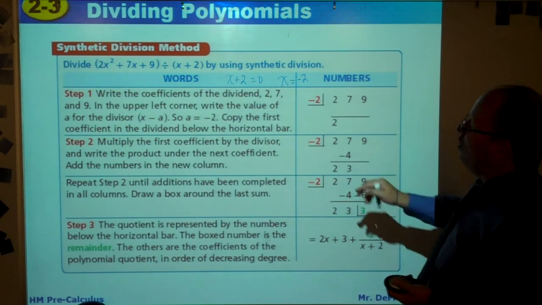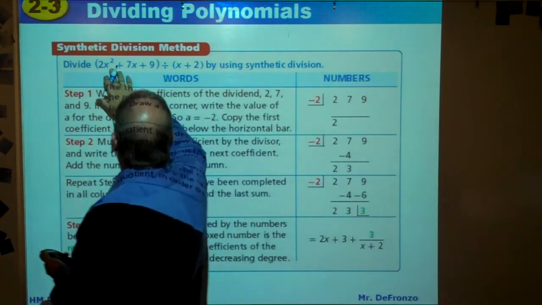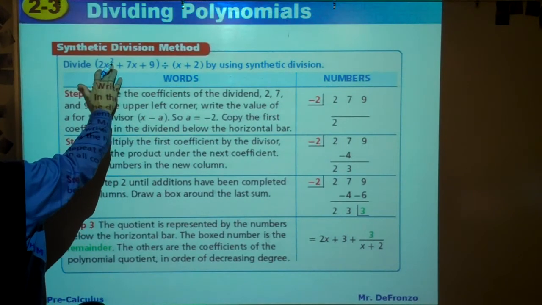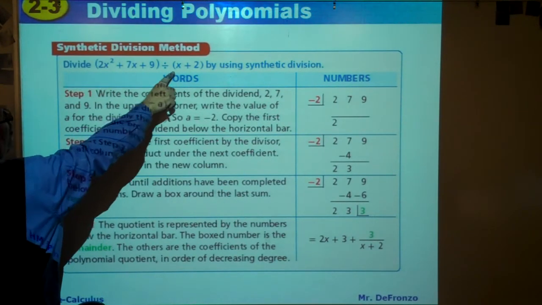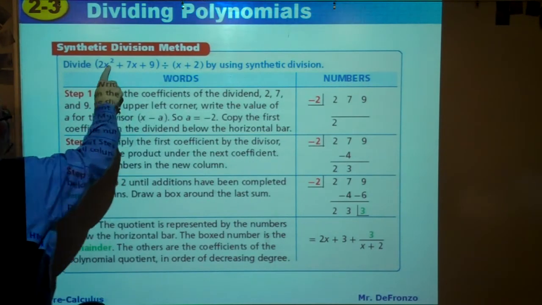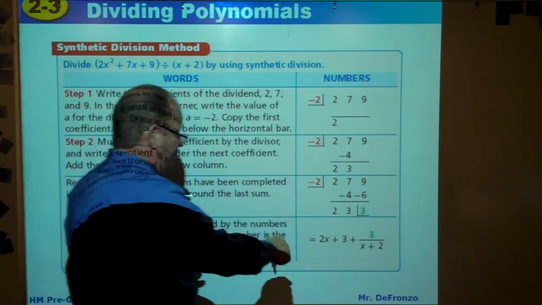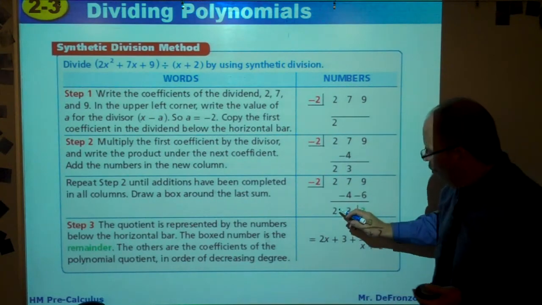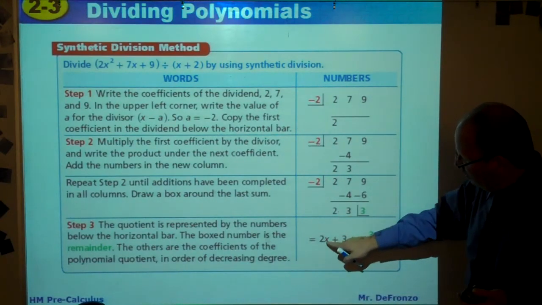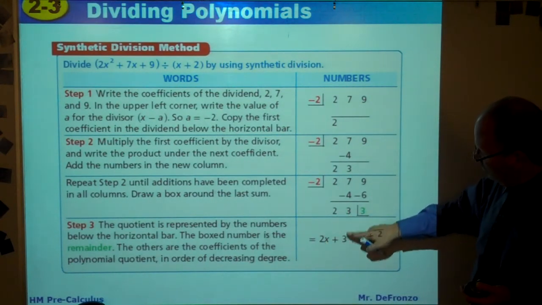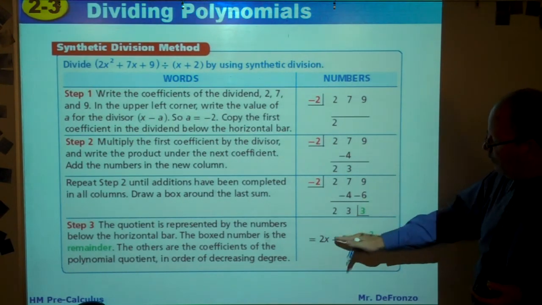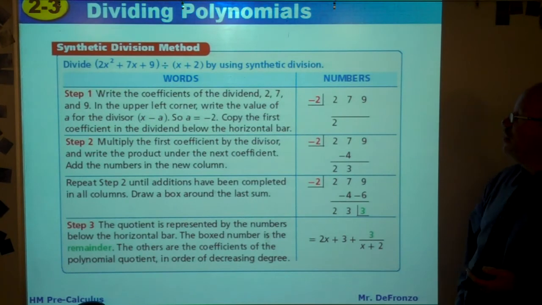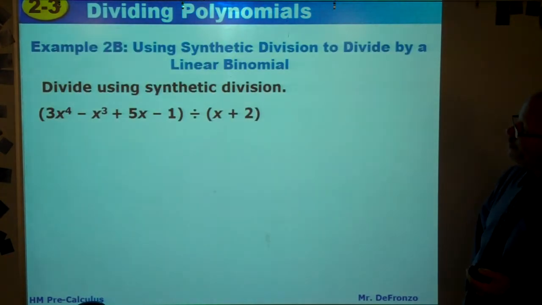And because we started with x to the second power, a second degree polynomial, our answer divided by an x to the first power is going to be an x to the first power. So this 2 is the coefficient in front of x, and this is our constant, and this is our remainder, because everything has dropped 1 power on x. Let's look at a better example.